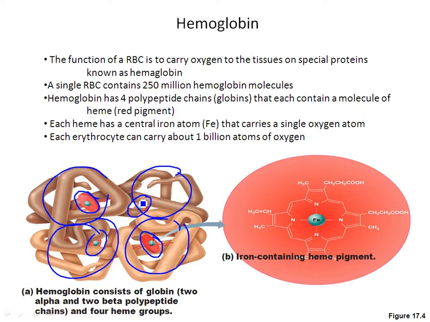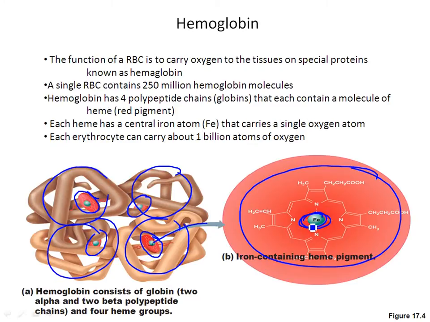Heme is just a red pigment, and each heme molecule, which we've taken and blown up right here, has a central iron atom. That Fe stands for iron, if you've forgotten that. Now, it's the iron atom that actually carries the oxygen. So one molecule of hemoglobin can carry 4 atoms of oxygen because there's 4 heme molecules, each one having 1 iron molecule, and that's what carries the oxygen.